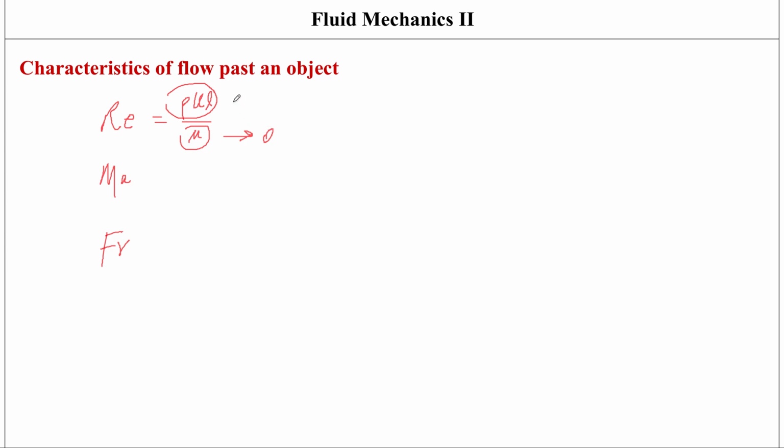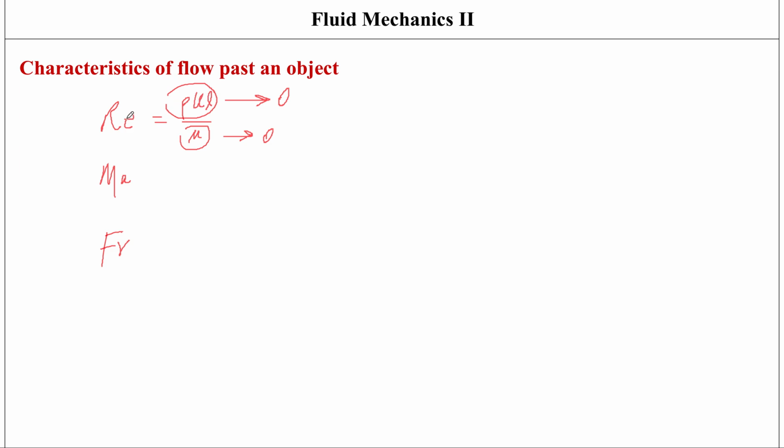And on the other hand, if there's an absence of all inertial effects, then this entire thing becomes 0, right? Because then that means that either you've got negligible mass or the density is 0. So the Reynolds number then becomes 0 in that case.